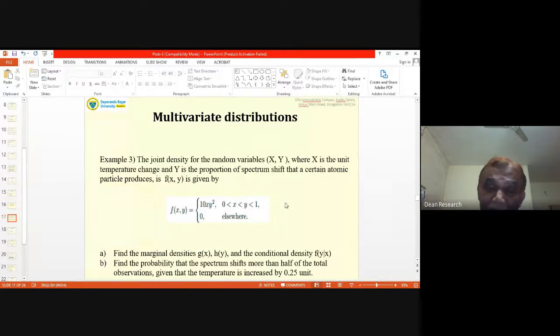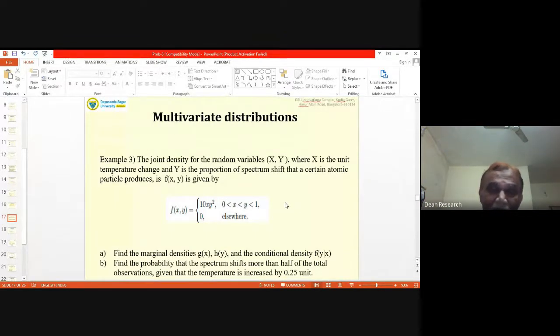Actually, in part B, the temperature is given to be increased by 0.25 unit. Under that condition, you'll have to find the probability that the spectrum shifts more than half of the total observation. More than half, meaning half to 1 in the interval 0 to 1.